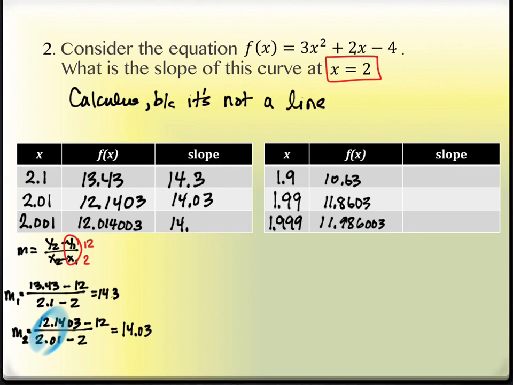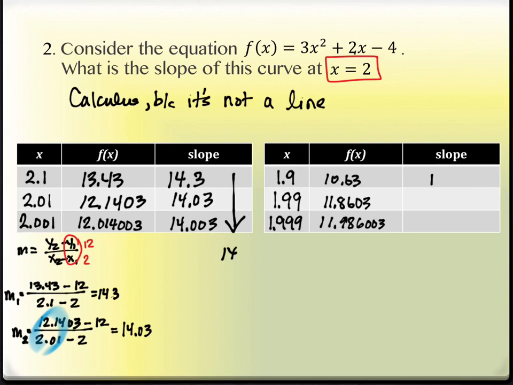Now, when we do that, we get 6 different values, and you start to notice a pattern in those 6 values. So let me just stop here with those 3. If you're going down this column, what does it look like it's getting close to? 14, right? Okay. Now we have to do it from both directions, and that will be clear later when we get to, I think, section 1.4, why we need to do both directions, but we do.